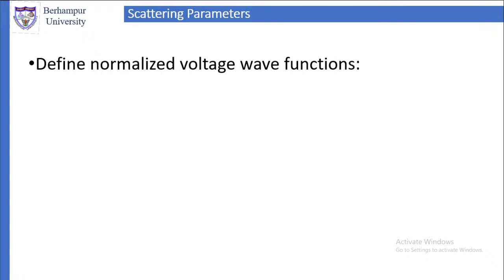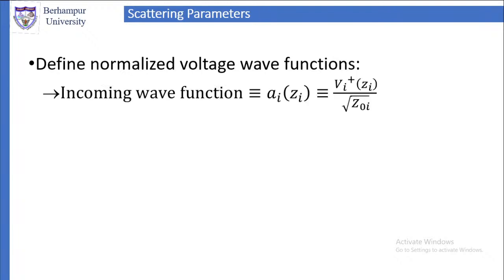Now what we will do is define a normalized voltage function. First we define a normalized voltage function for the incoming wave: Ai is equal to Vi+ divided by the square root of Z0i. So we normalize the voltage Vi with Z0i.